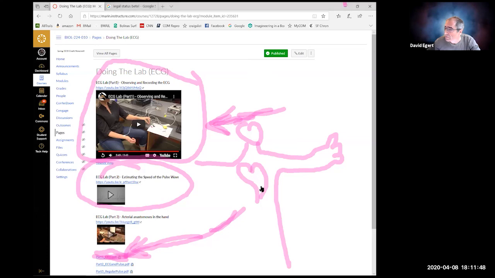When the heart is squeezing, it creates a pressure wave that goes out through your aorta. That's this pressure front that keeps traveling down the arteries. It goes through the subclavian, down the brachial, down the radial and ulnar, finally making it all the way to your finger. So there is a wave.